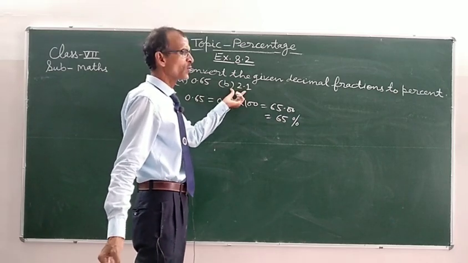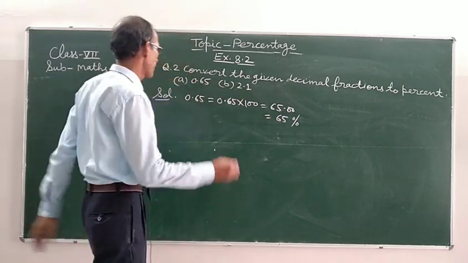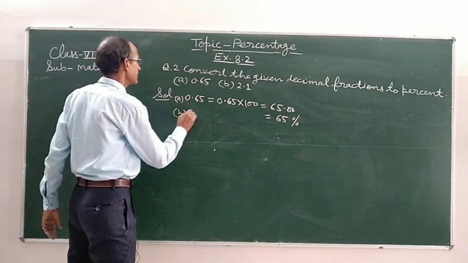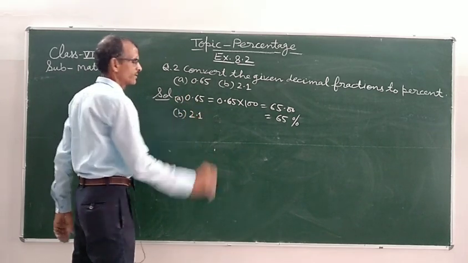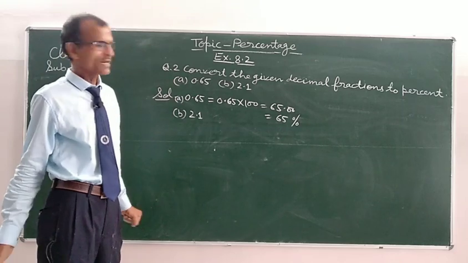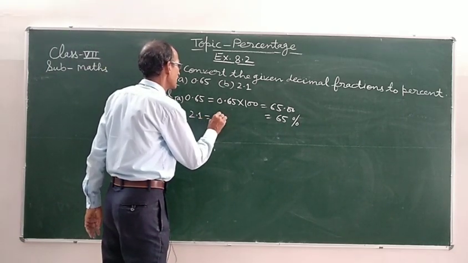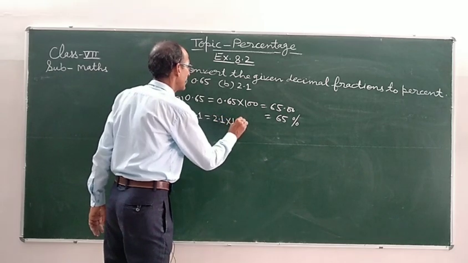Next is 2.1. This is part A. Part B is 2.1. 2.1 is equal to 2.1 multiplied by 100.